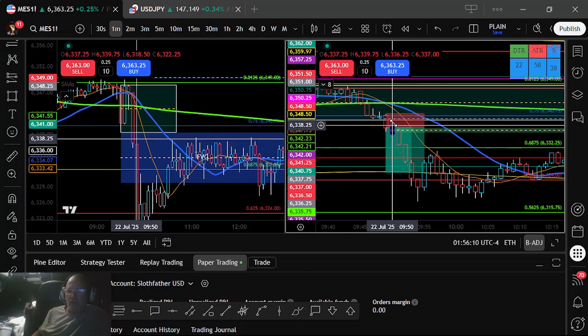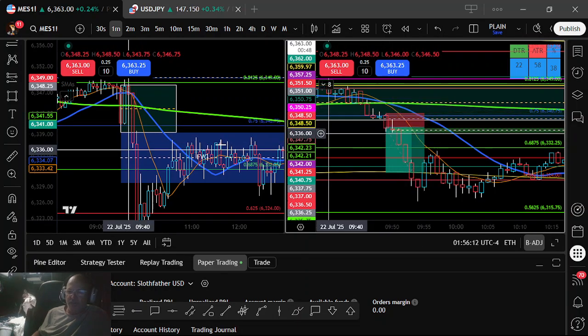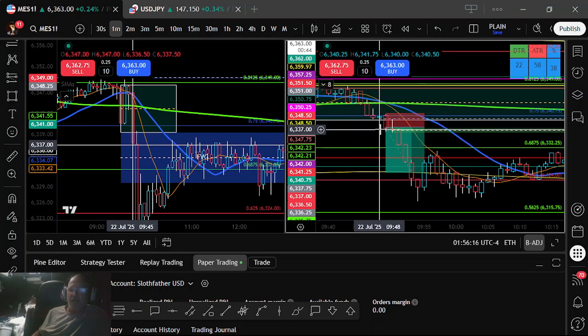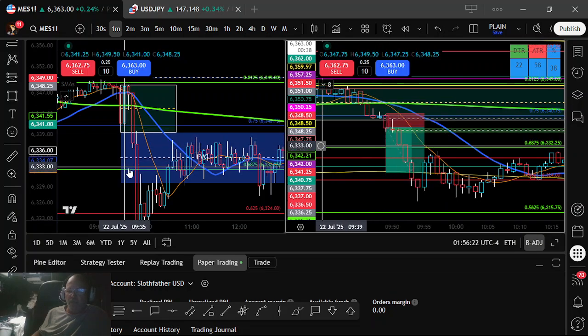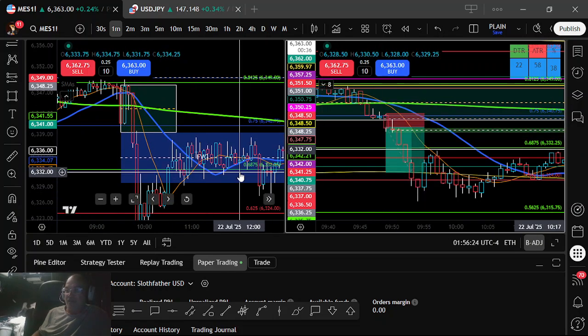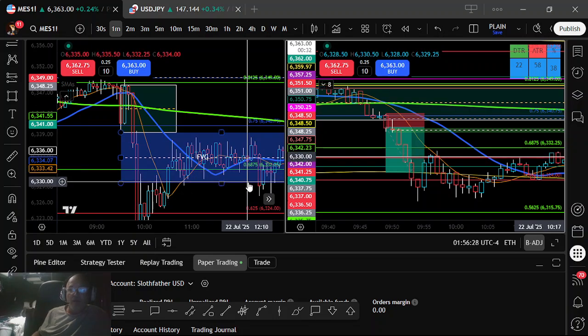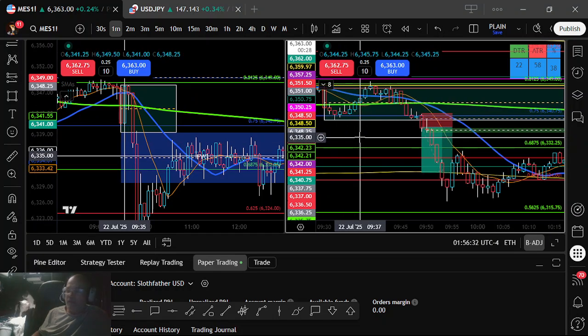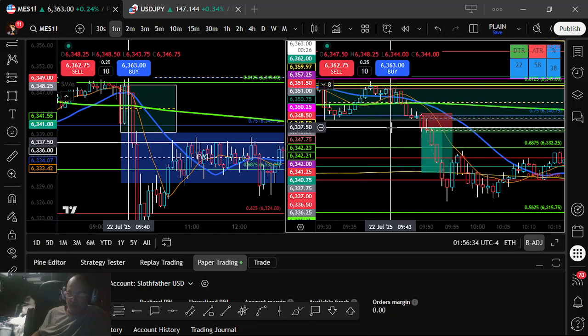Okay. I don't want to risk any more than I have to. And I know that if I get my 10 points out of this, it'll be a $500 to $600 depending on where I get to close it at. And I'll be at my $2,000 mark for the day, because when I reach $2,000 in an eval or funded account, I'm done. There's no more trading for the day.